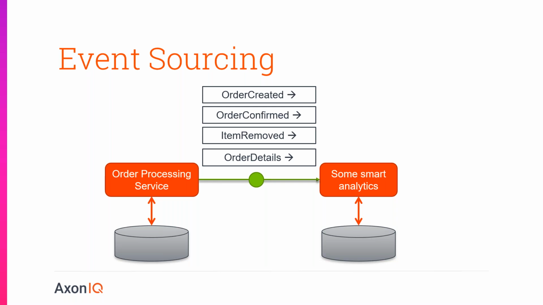Now this, in some descriptions out on the web, I see this described as event sourcing, which unfortunately is a bit misleading because it's not the full story. At least it becomes event sourcing when the order processing service itself uses those events as the source of truth, basically meaning it doesn't need a database anymore to store its current state, right?